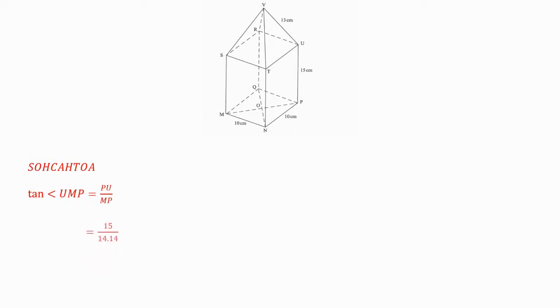So it is equal to 15 divided by 14.14, which is the figure we obtained in part A, and it's equal to 1.0608. Therefore, angle UMP will be the inverse tangent of 1.0608, which is equal to 46.69 degrees, correct to two decimal places.